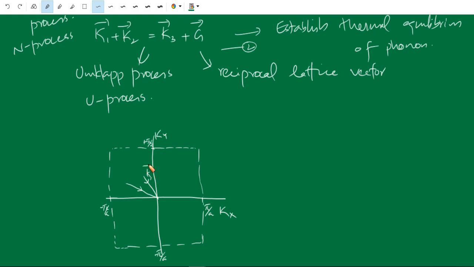So this is the K1 vector, this is the K2 vector. If we add these two, then this is the resultant.